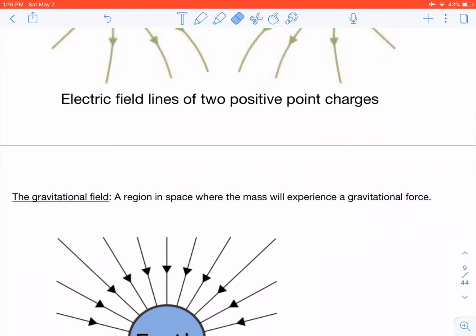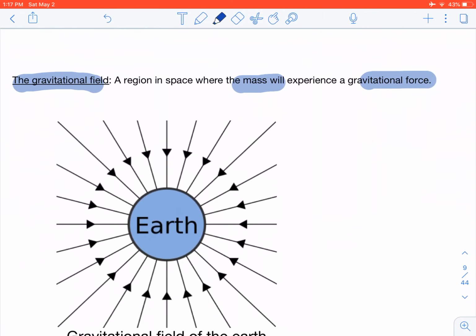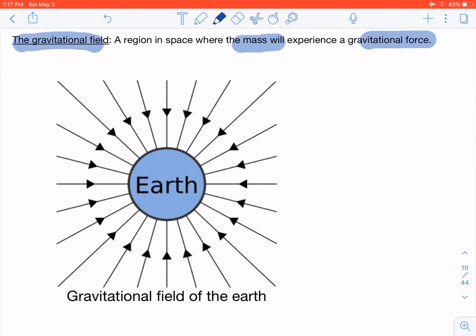Now the gravitational field is a space where mass will experience a gravitational force. Any object that has mass will experience a force in a gravitational field, and any object that has mass obviously has its own field as well, because of its mass.